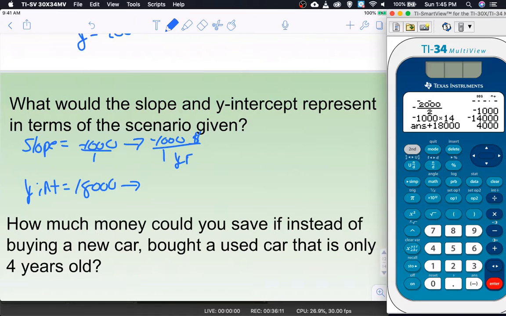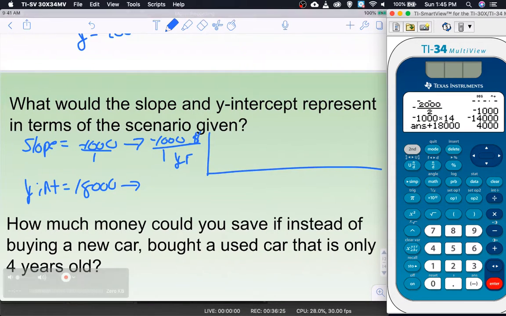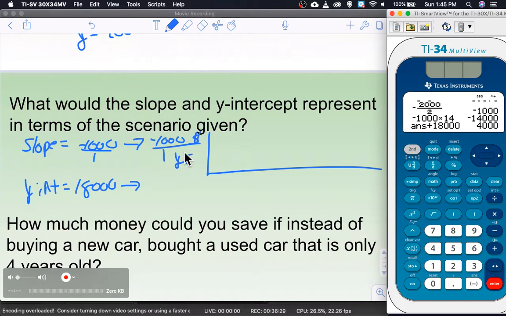You could probably put a sentence to that. Every year the car gets older, its value goes down by $1,000. Negative $1,000 for 1 year. And you would probably write that as a sentence. I'm not going to because my handwriting would be very sloppy in this space. But for every 1 year the car gets older, the value drops by $1,000.